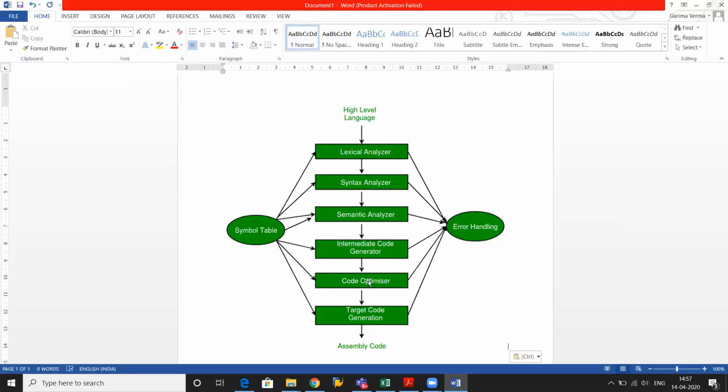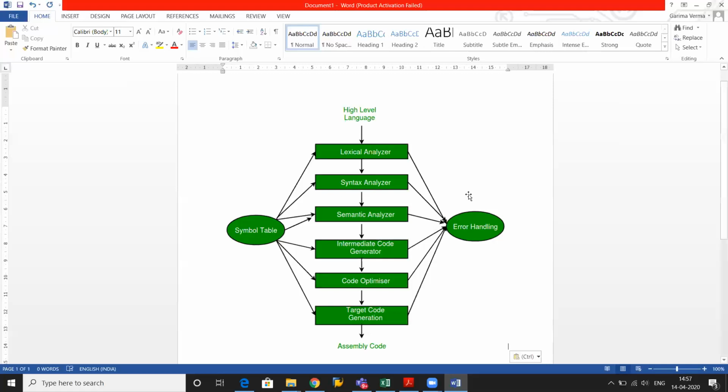Now, apart from these phases, there are two parallel modules running in the compiler design. One is the symbol table that we have already covered after the intermediate code generator. So the symbol table is basically responsible to store all the symbols which occur in your code, and the responsibility of creation of the symbol table is taken by two phases, that is lexical analyzer and syntax analyzer, and the remaining phases generally utilize the information stored in the symbol table.